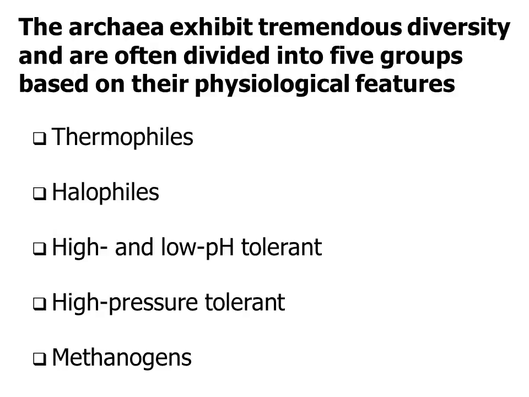We have high and low pH tolerant. Normally things like a pH around 7, but these can live in really acidic or really basic environments. We have high pressure tolerant. Those are the ones that are found deep sea. They can be found as far down as 2.5 miles below the ocean surface, where the pressure is almost 6,000 pounds per square inch.